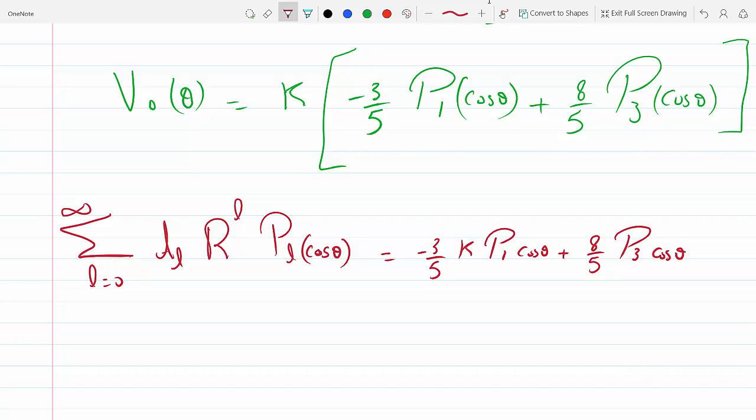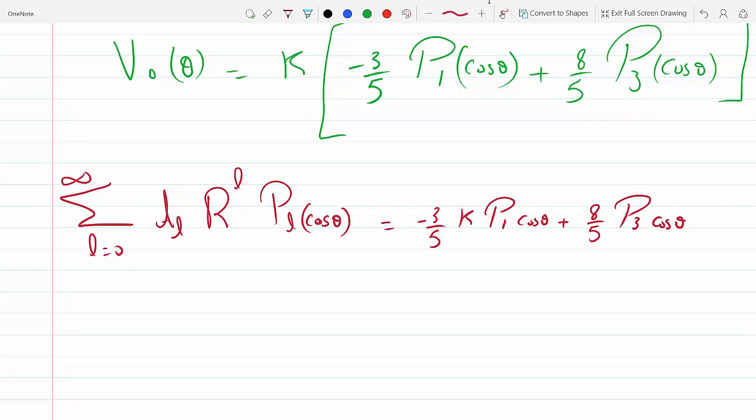Here I use a trick similar to the Fourier trick, if you remember. What I would do is multiply both sides by the Legendre polynomials. Just like the sine Fouriers, they are orthogonal functions.